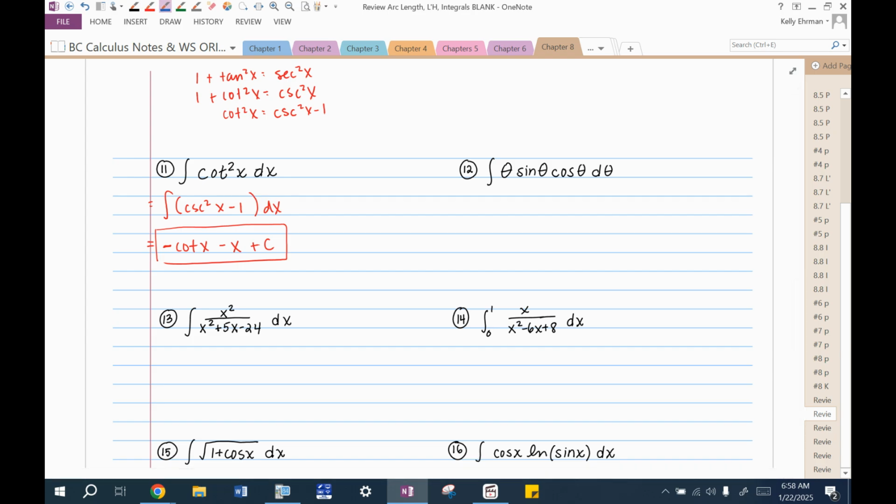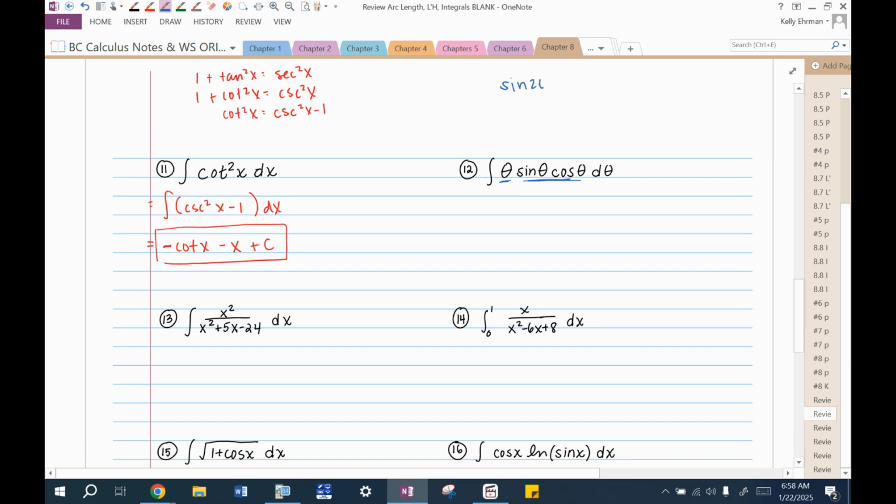All right, this is kind of weird, 3 things happening right here. I think this is going to use a trig identity. Let's see. Theta, sine, cosine. And you're not going to have to know this trig identity for our AP test, as far as I know, or for my test. But let me try to remember this here.